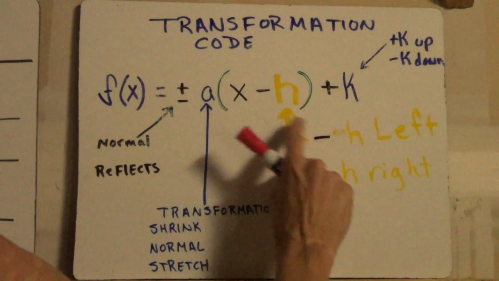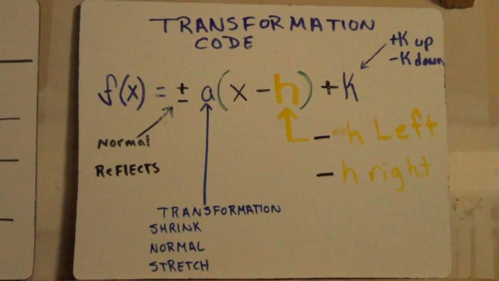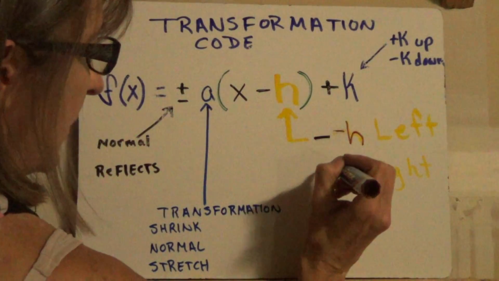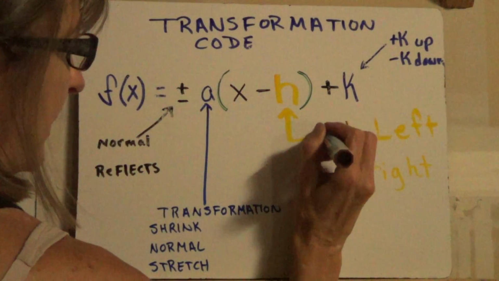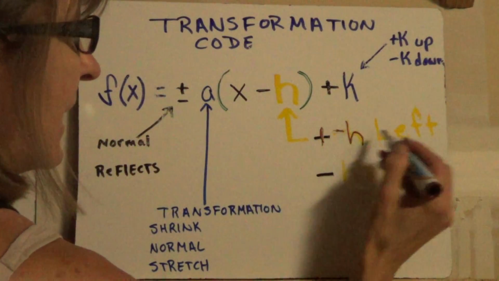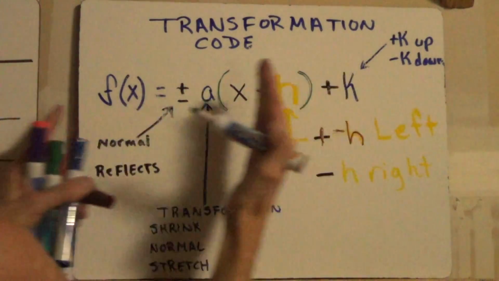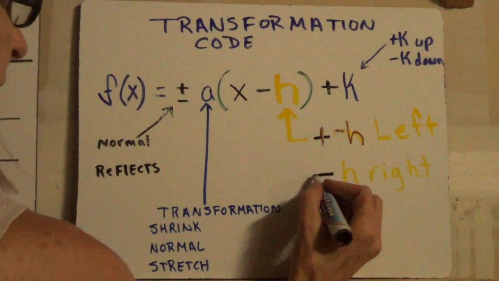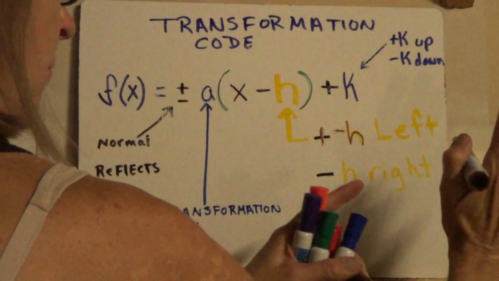If it's a negative h you plug in there, then what happens, it's so cool you guys, is if I plug a negative h into this code, then what happens is it becomes a positive, but it moves that parent graph left. If I plug in a positive h, it looks like it's negative and moves it right.